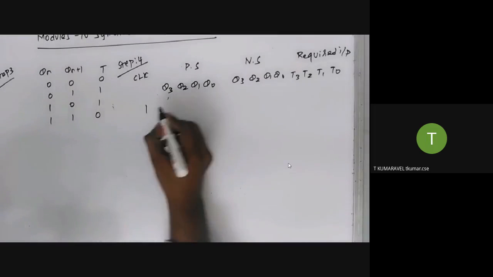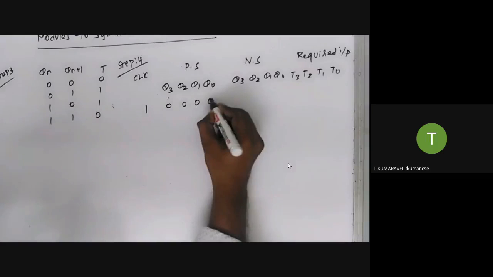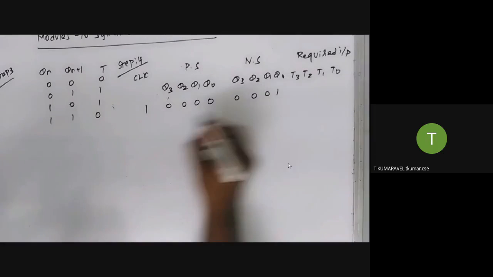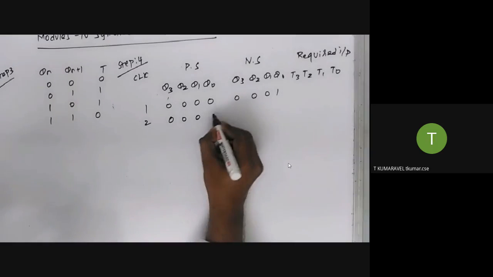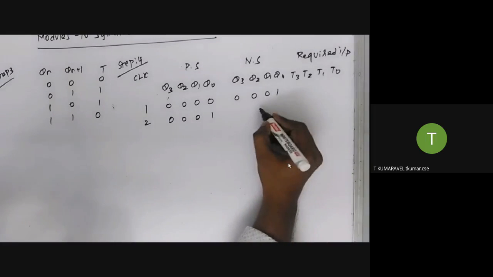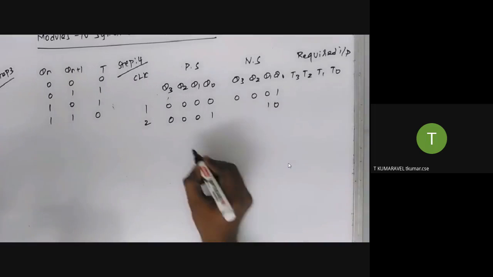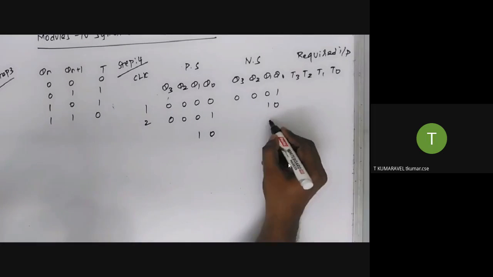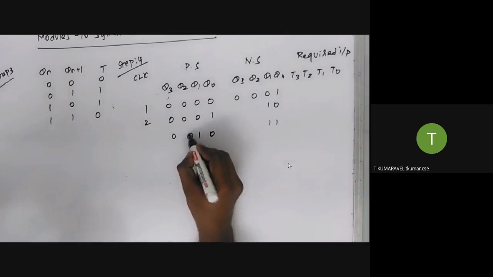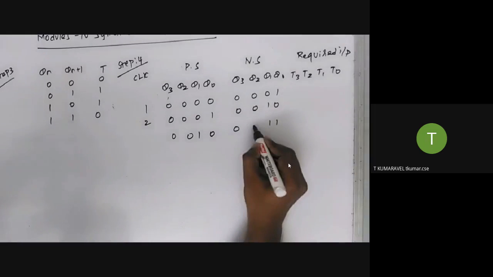This is the first clock cycle. Okay, what about the next one? The next state of the previous clock cycle acts as the present state for the next clock cycle. So the next ones are 0, 0, 1, 0, then 0, 0, 1, 1, then 0, 1, 0, 0.